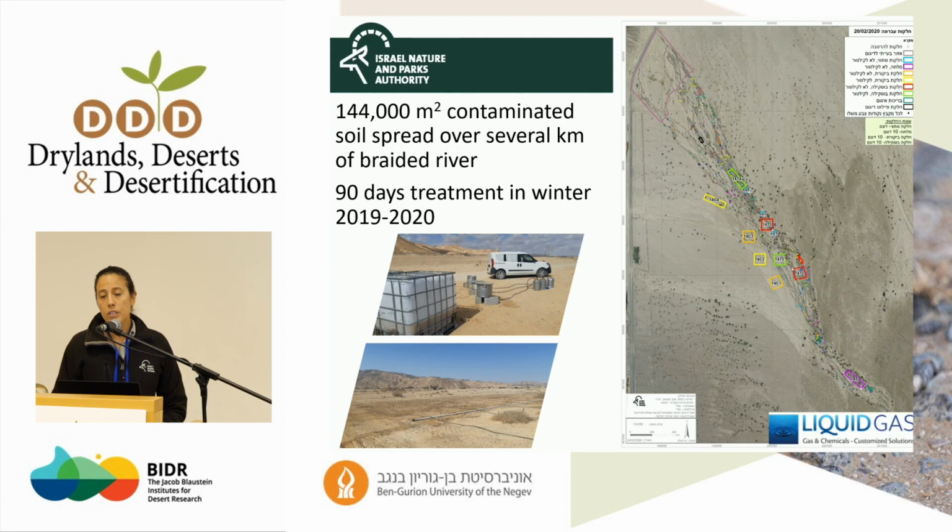So after the pilot success, we went to treat the entire nature reserve, which is, as you can see, quite a large area. It is a very narrow, very spread-out river, and we needed to spread the entire irrigation system for the treatment throughout this area.